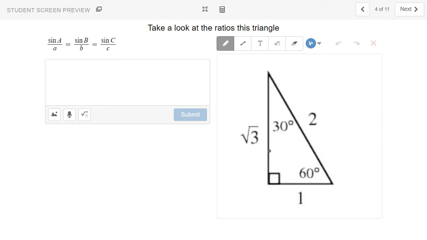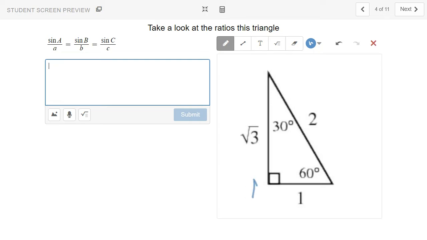Now let's look at the ratio. I want to prove that this relationship is true. If I had a triangle like this, and I were to take the sine of each pair, I'll work it out to show that each of these are equal.